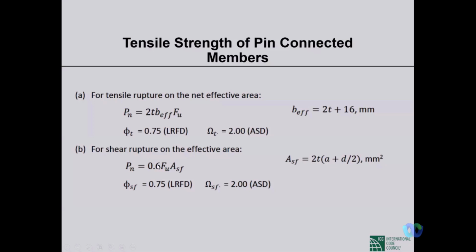For any shear case in AISC, you'll find this factor 0.6 wherever there is shear stress, because this is the failure criterion when we have shear stress. If we have only the axial stress, that's a one-dimensional case.